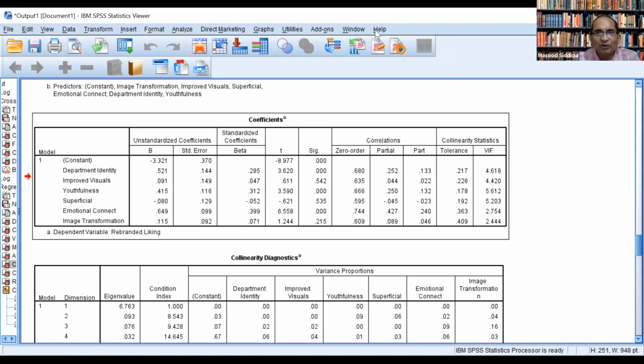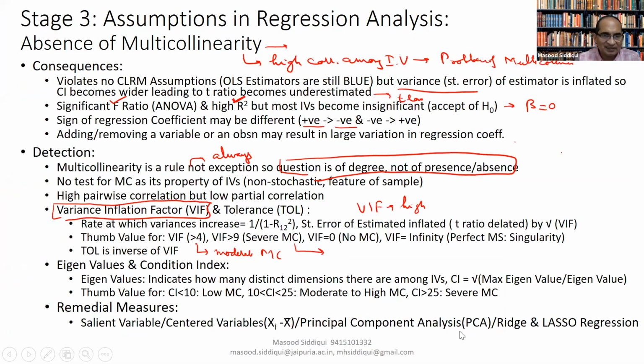There is one more tool to examine multicollinearity, and that is the condition indices. Now we are discussing the condition indices. The thumb rule is, if all the condition indices are below 10 or below 15, then we can say low multicollinearity.